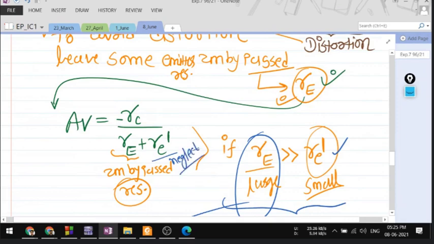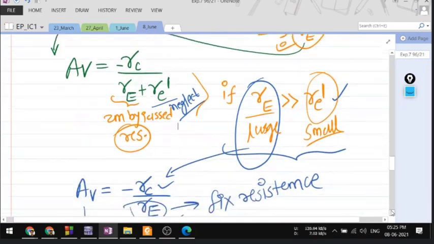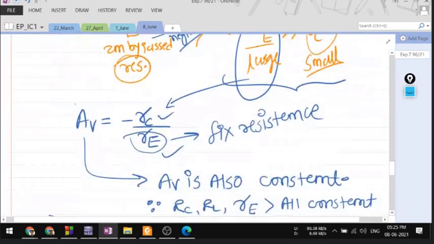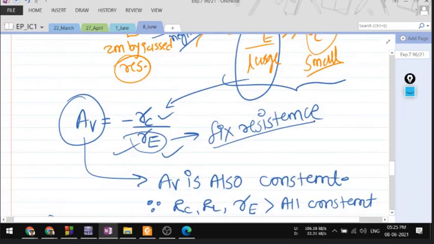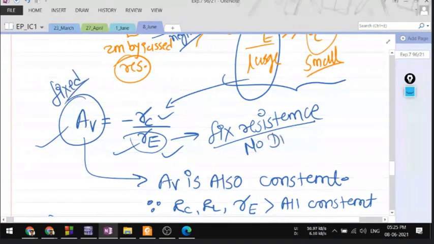If you neglect RE dash, your gain becomes constant. Obviously your gain is decreasing, but now your voltage gain depends on the fixed resistance RE. As a result, since your gain is fixed, you will get no distortion in the output.